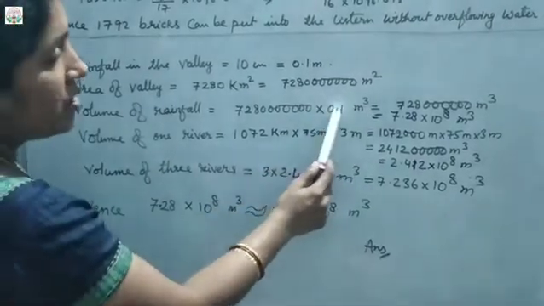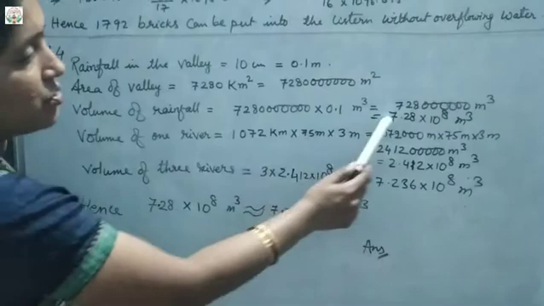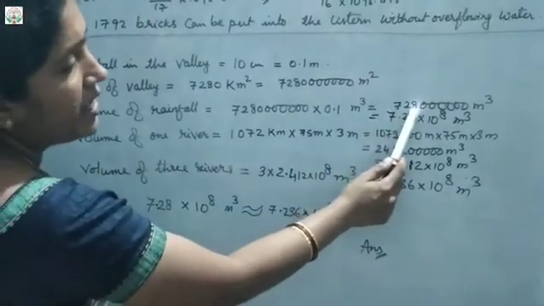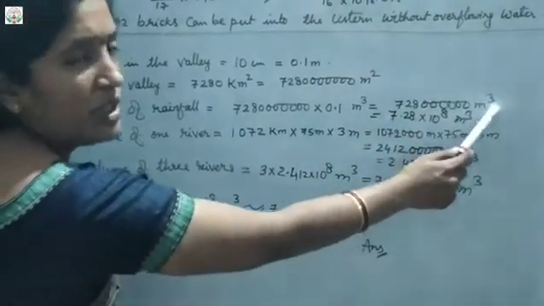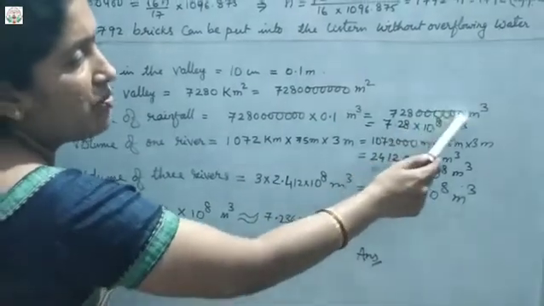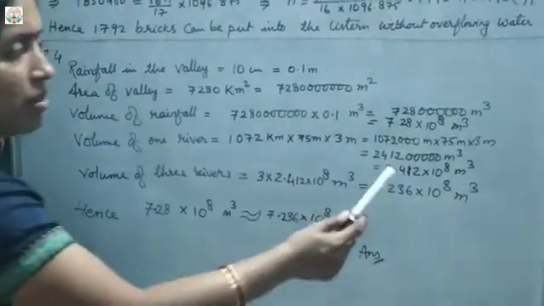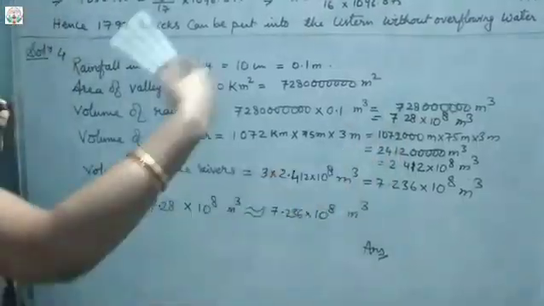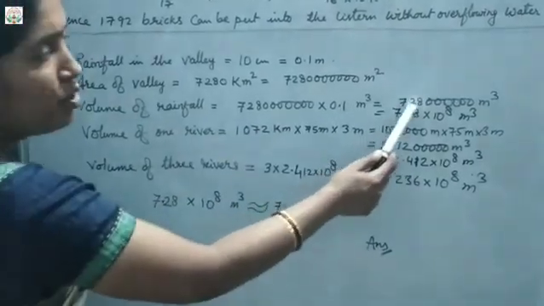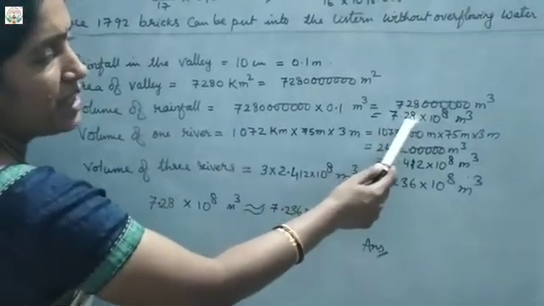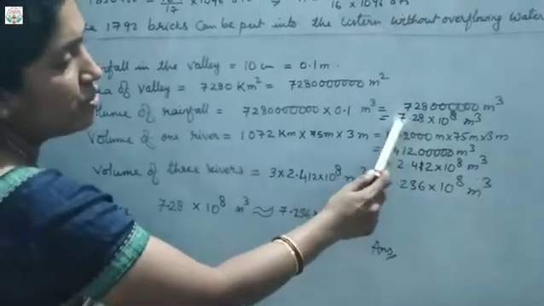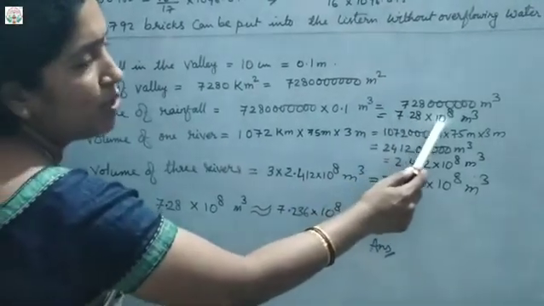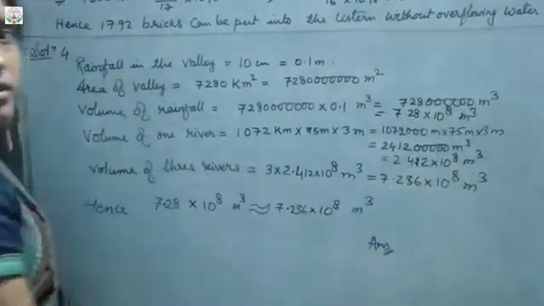Now the 0 will get cancelled, so it will be 728 into 6 zeros cubic meter. Instead of writing zeros, we will change it into 10 to the power 8, so we put the decimal before this 28. So it will be 7.28 into 10 to the power 8 cubic meter.